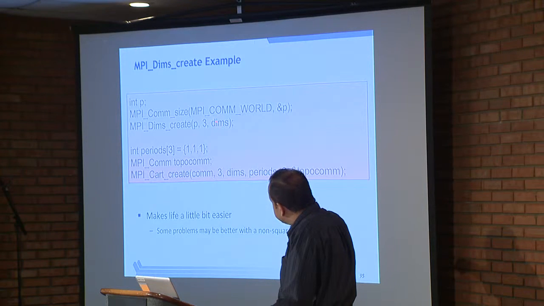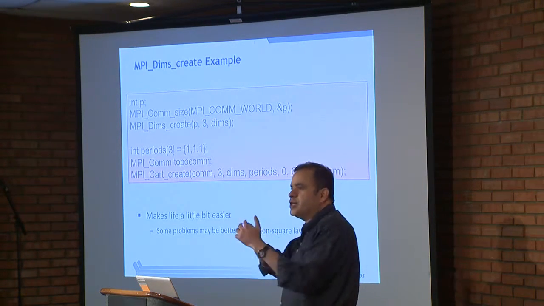And it will try to divide this P into the 3 dimensions in a balanced way as possible, so that you have a good decomposition. If you do it in an unbalanced way, the communication volume is not good typically. So if it's 100, then 10 by 10 results in a more balanced decomposition rather than 50 by 2 or something. So MPI can suggest a good number.